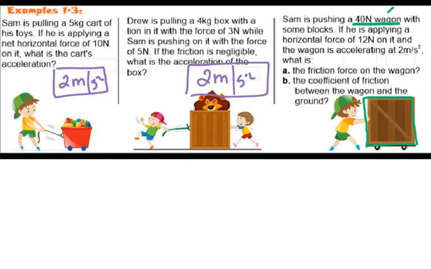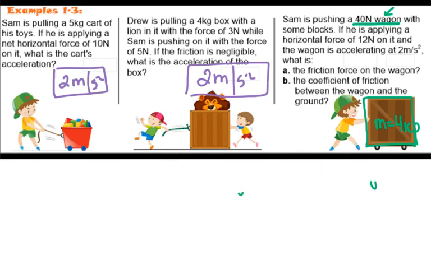They mean the weight, the description of the wagon is that the weight of it is 40 newtons. So if the weight is 40 newtons, that means the force of gravity acting on that box or the wagon is 40 newtons. From here, I can tell the mass is 4 kilograms. So I know the mass of this box is 4 kilograms.